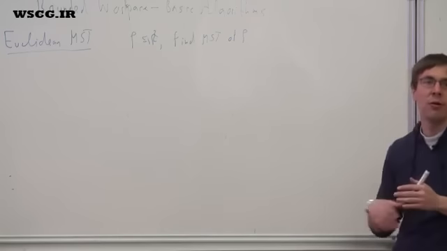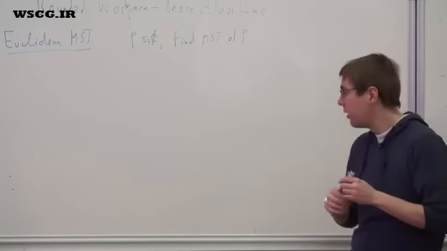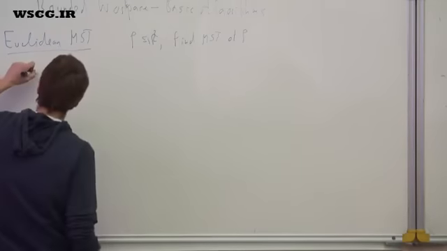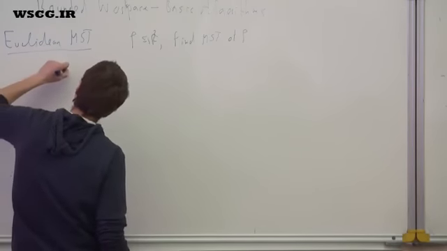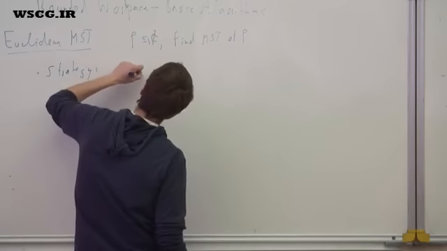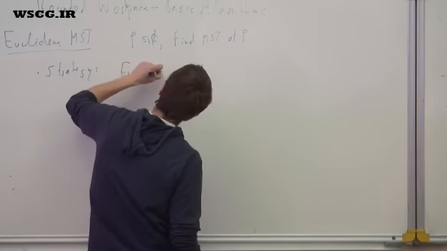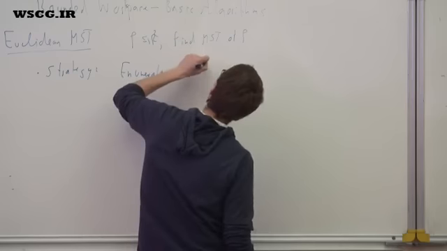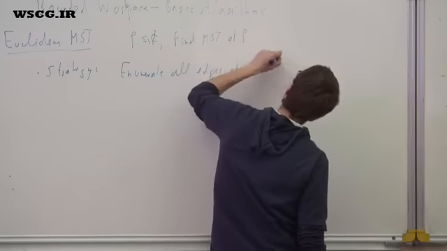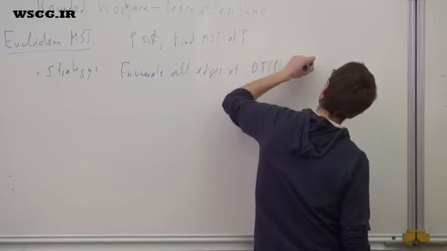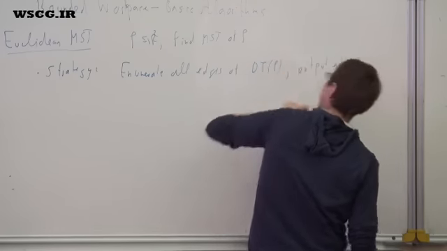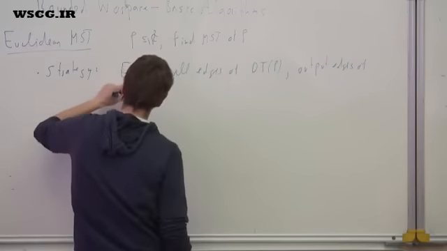No MST algorithms work because you cannot store the MST. But still, let's see if we can implement the strategy. So the strategy is: enumerate all edges of DT(P) and output edges of the EMST of P.